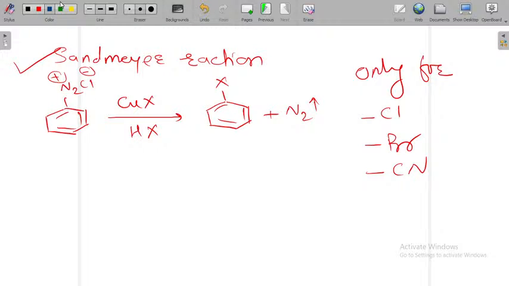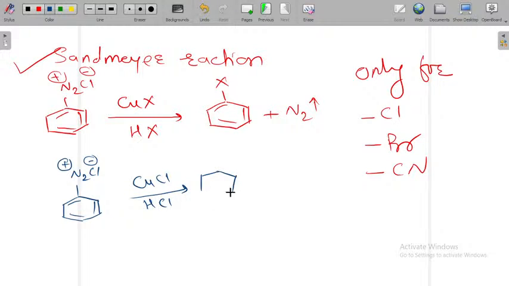So you can write these products as shown here. This N2 plus Cl minus, on reaction first with copper chloride, since here we are preparing the chloro compound, in presence of HCl gives chlorobenzene plus N2.